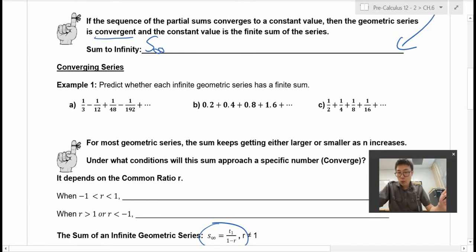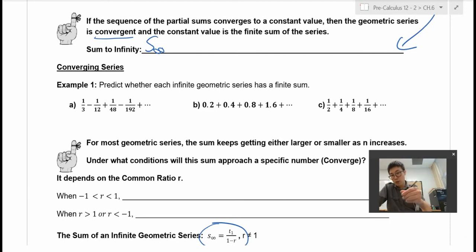So let's look at convergent series here. Here are 3 series. We want to predict whether each infinite geometric series has a finite sum. So if we keep adding these numbers, are we going to get a sum that is close to a value and won't really change much? In this case, you can try to put it into a calculator.